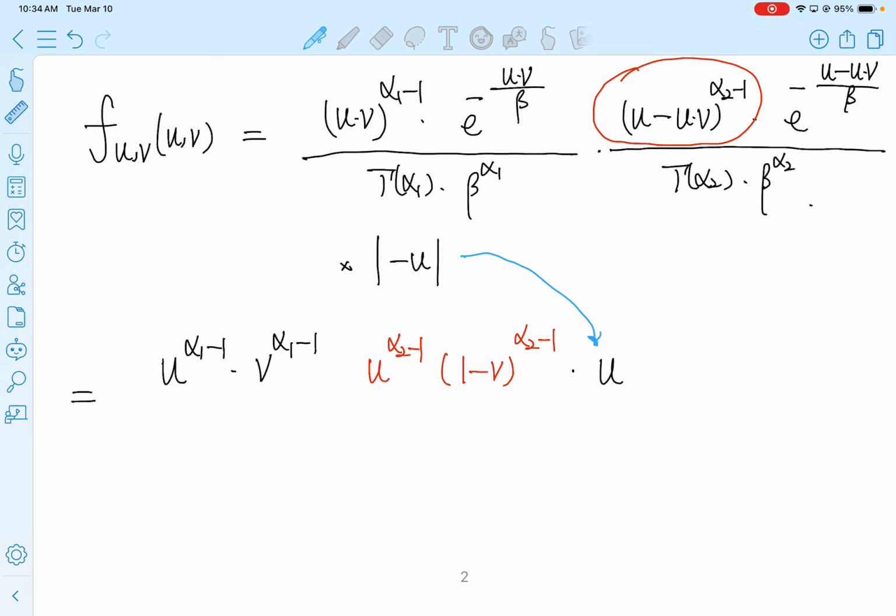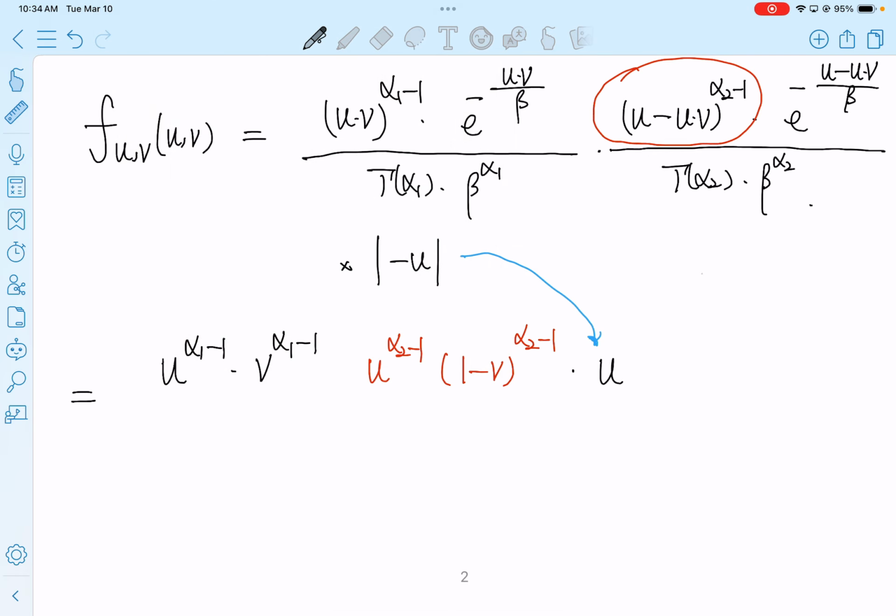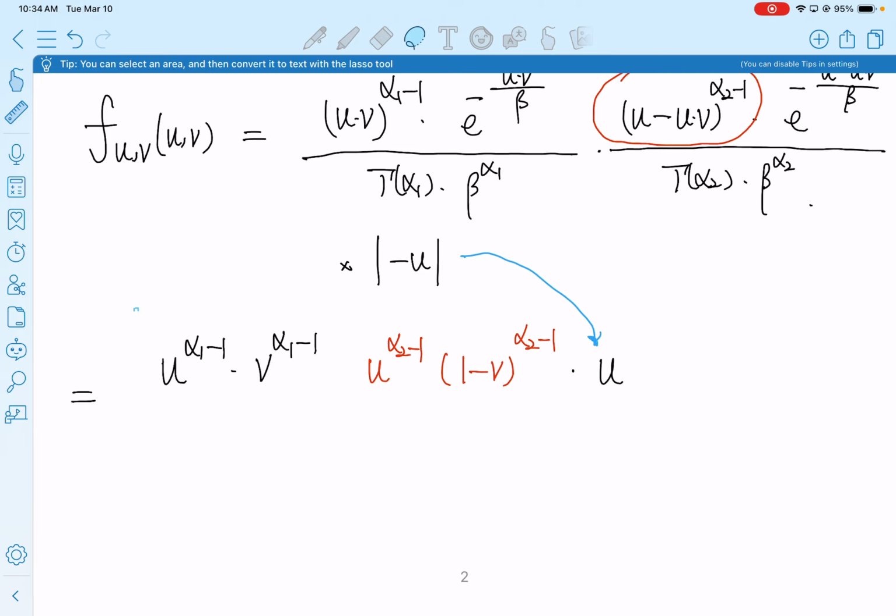And now I can leave the rest as it is, okay? So maybe just for completeness, let me write down the remaining objects.